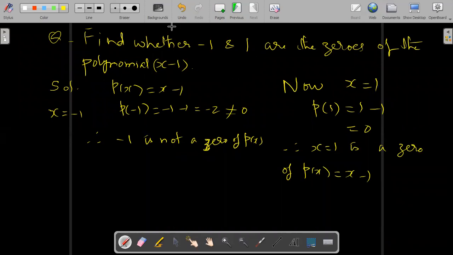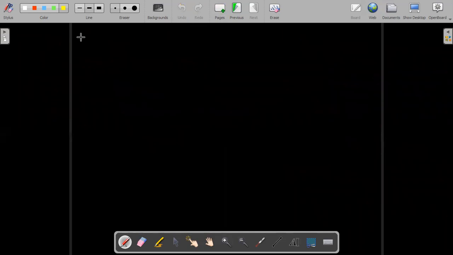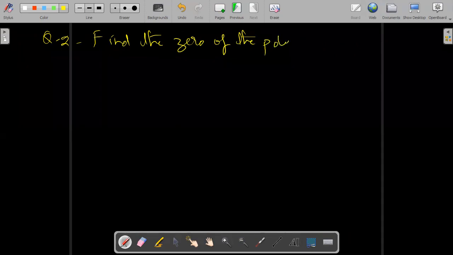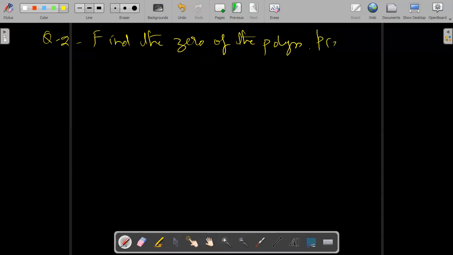But sometimes we have to find the 0. How to find the 0? For example, question number 2: find the 0 of the polynomial p(x) is equal to 3x plus 1.